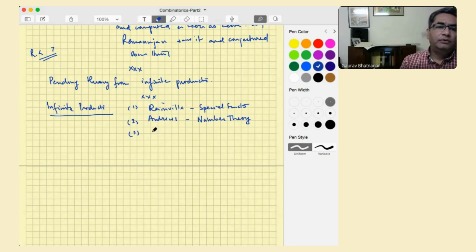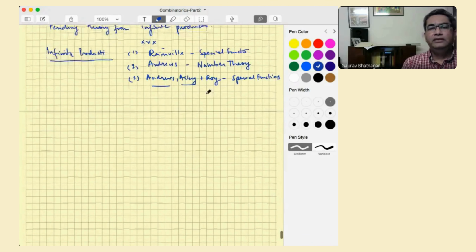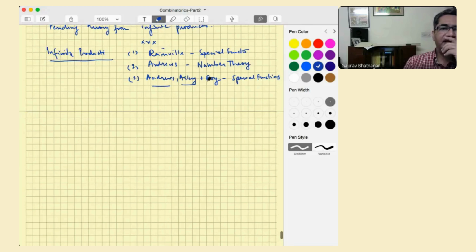And there's a third book by Andrews, Askey, and Roy. This is also called Special Functions. So these two guys are basically the gods of special functions. And Roy is an Indian mathematician.